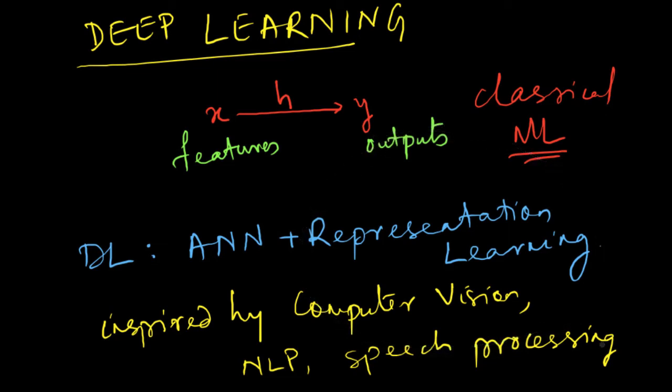So as I said, deep learning was primarily inspired by computer vision, NLP, and speech processing. So let me just give you a very brief overview of what are some of these popular algorithms. Now there are, of course, a lot of variations which have happened over these algorithms, and almost every month you have some new advance which is happening.